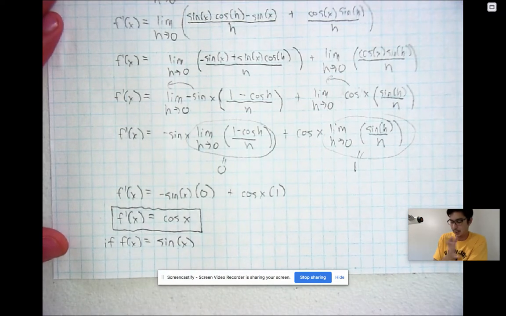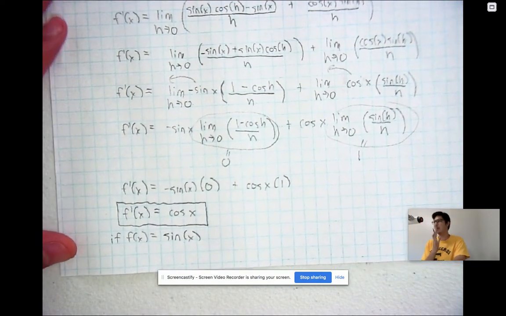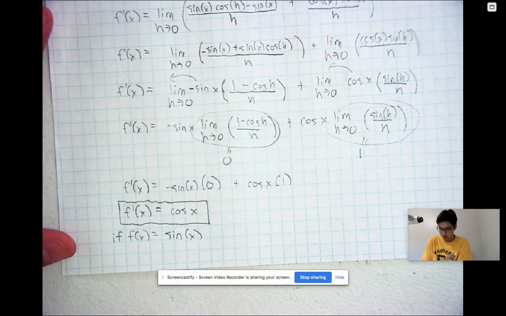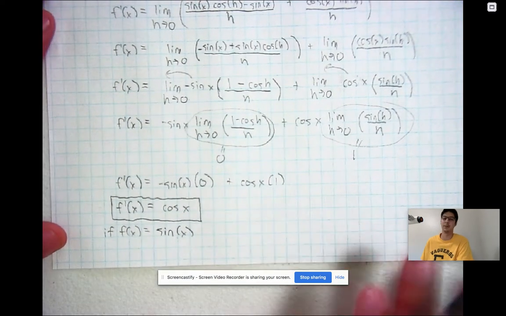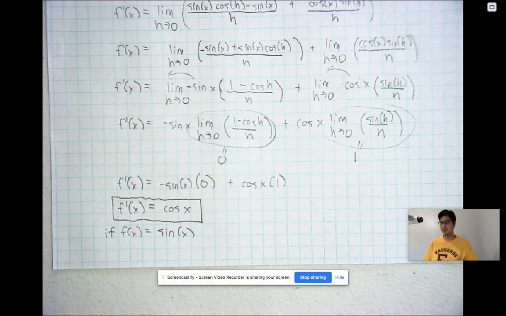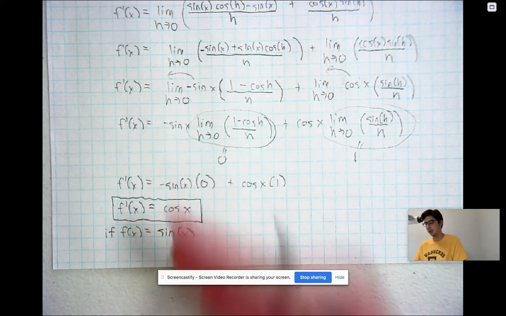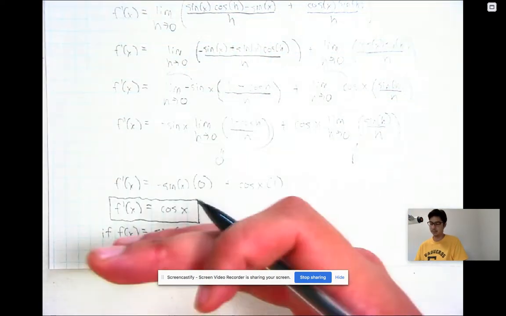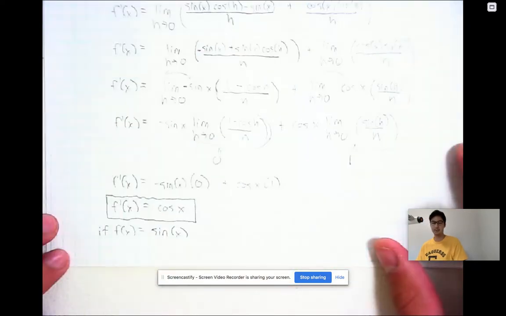So sine and cosine are related. Find a point on a cosine function, and then you know the rate of change on a sine function. And remember, sine and cosine are waves of motion. So when we're trying to understand the rate of change of anything with wave-like motion, if it's sine, the rate of change can be represented by cosine.